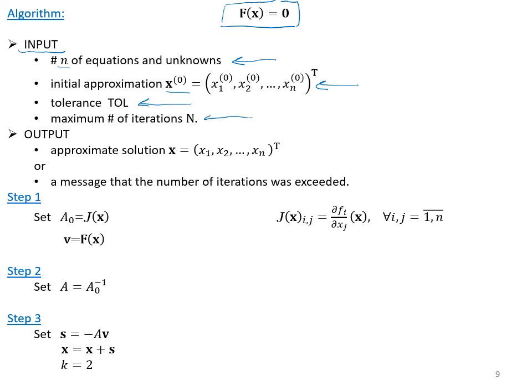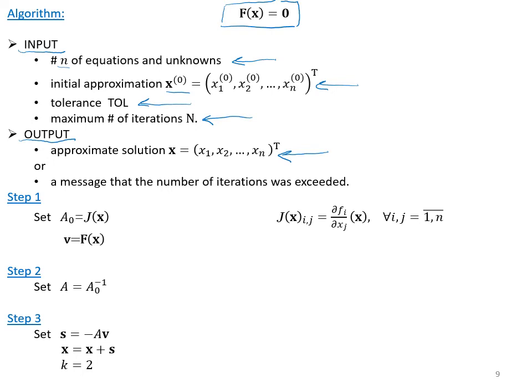And finally, we should define the maximum number of iterations, capital N. As an output, we expect to have our approximate solution, vector x, or a message that the number of iterations was exceeded, which means that our procedure was unsuccessful.